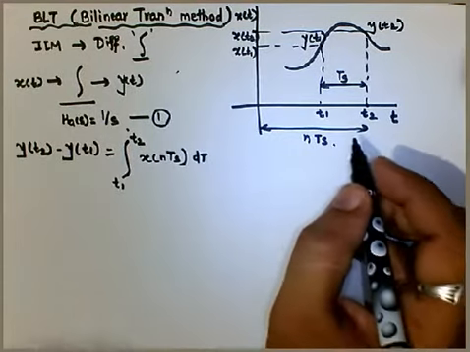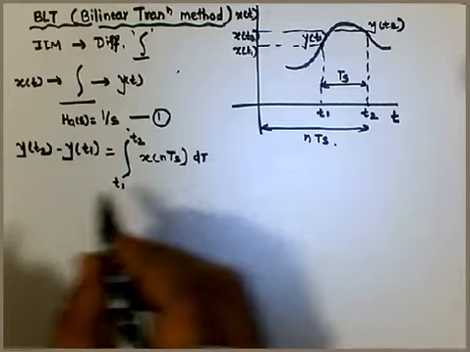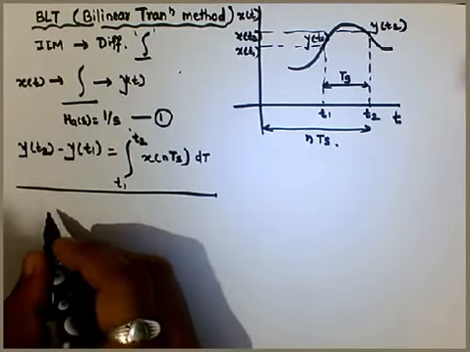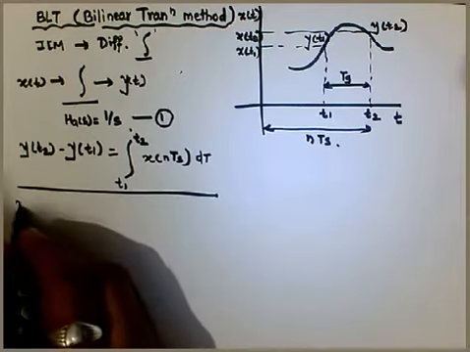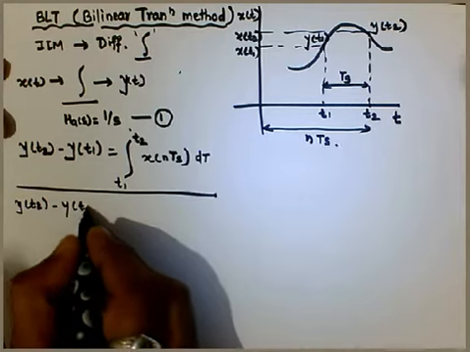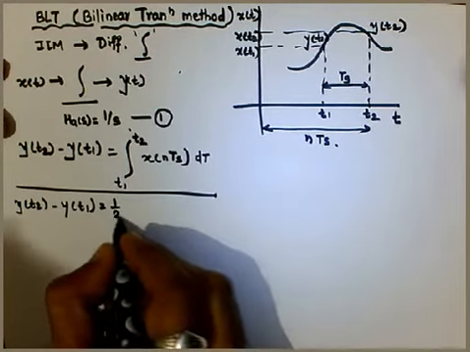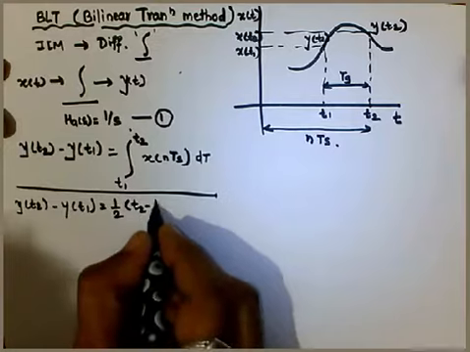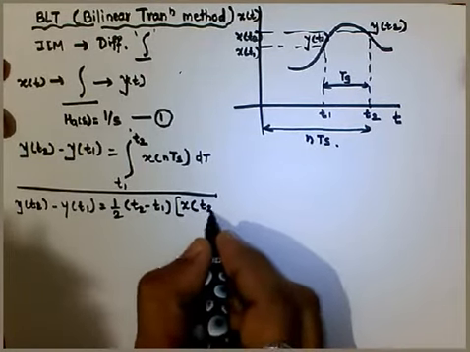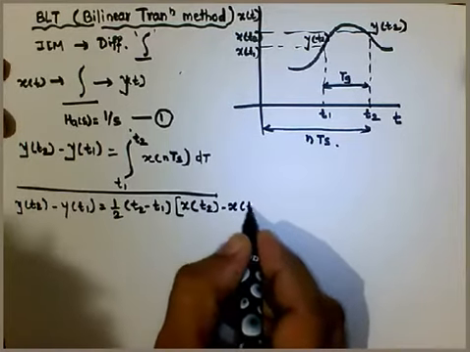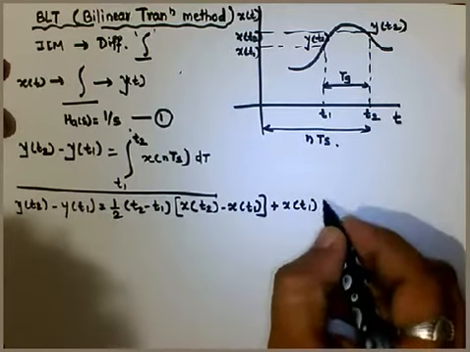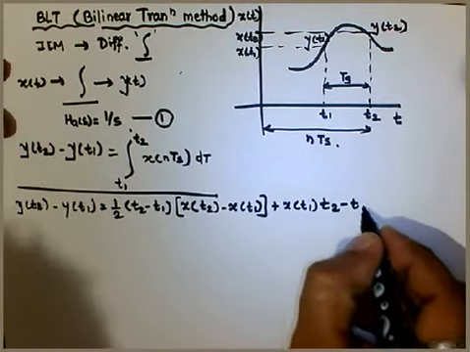Now if we want to substitute all these values in this particular equation, this will give ultimately y of t2 minus y of t1, which is equal to 1 by 2 times t2 minus t1 into x of t2 minus x of t1, plus x of t1 into t2 minus t1.